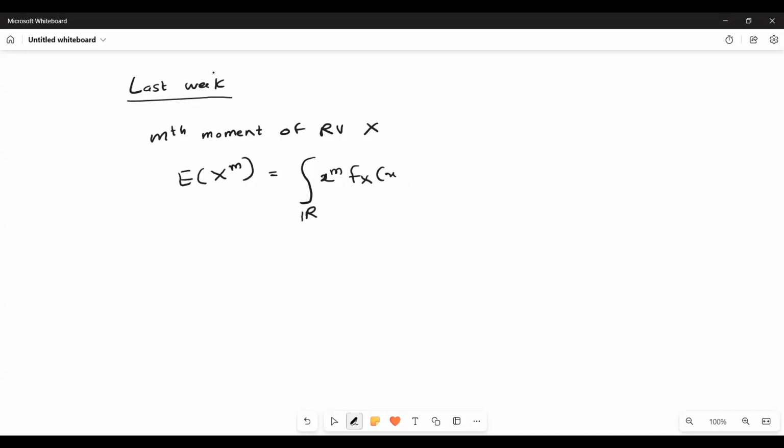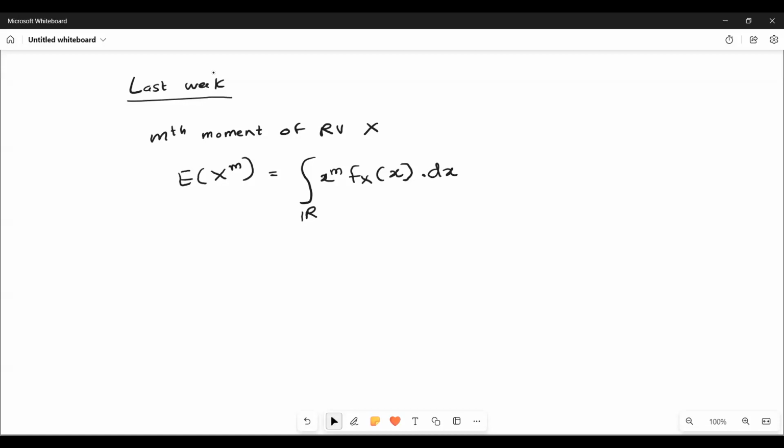Normally we use that specific convention all the time to define the PDF: inside the bracket you use simple case letters, and outside, in the fx part, you use uppercase or capital letters. Then since we have the integration, we do it with respect to x. And this is the definition of the mth moment.